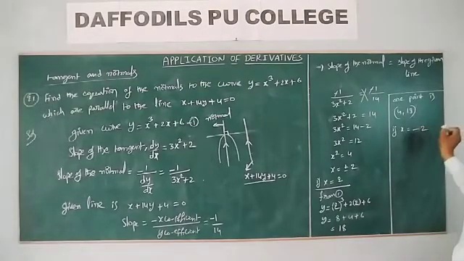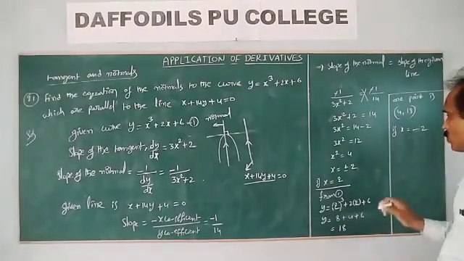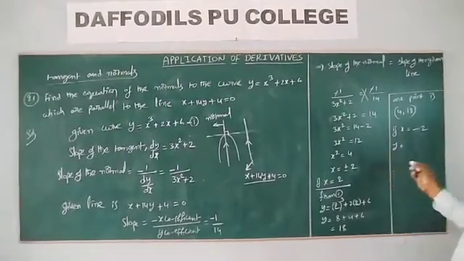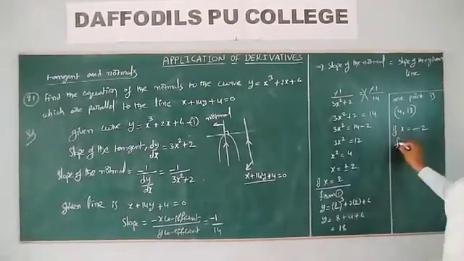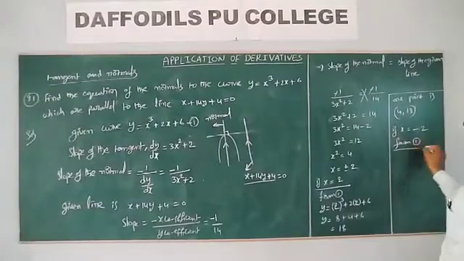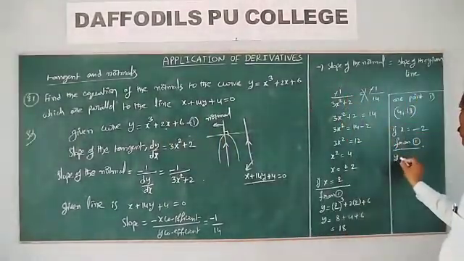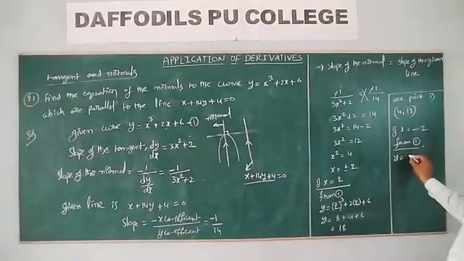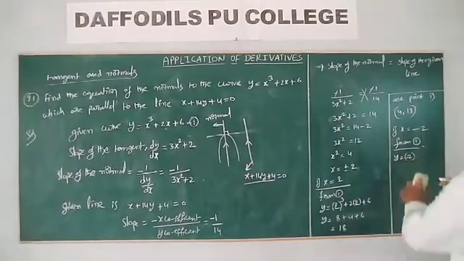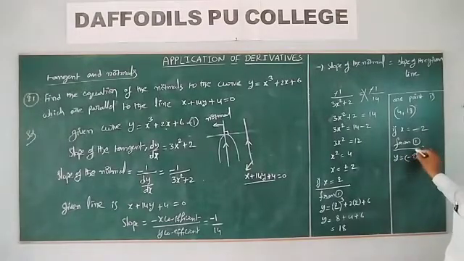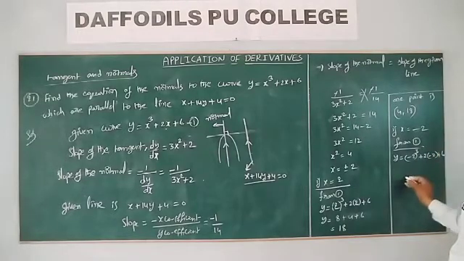Now if we take x is equal to minus 2, y is equal to, from the curve, y is equal to (minus 2) whole cube plus 2 times (minus 2) plus 6.